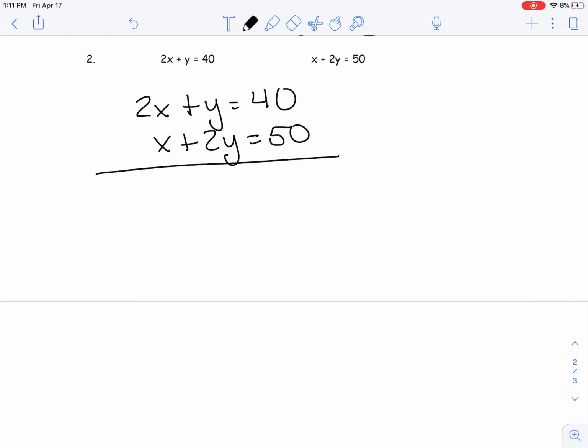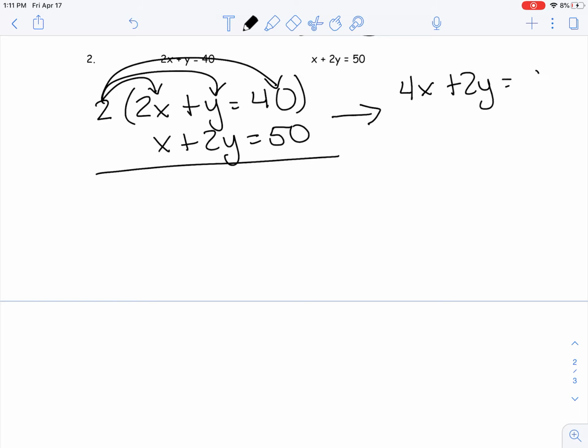So what we can do is change the entire first equation by multiplying the entire thing by 2 so that we will end up with 2y, so our 2y's can cancel out. So I'm going to rewrite that over here. 4x plus 2y equals 80. And then our other stays the same, x plus 2y equals 50.